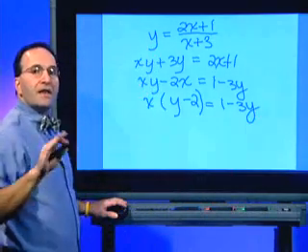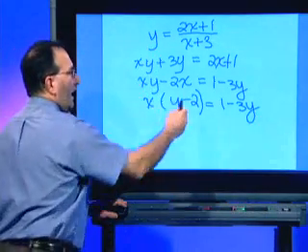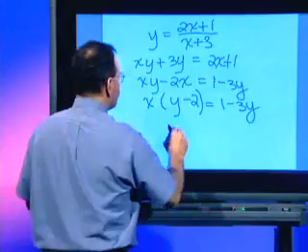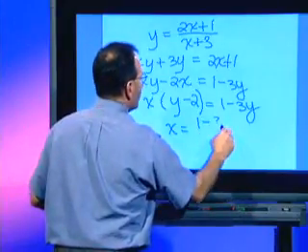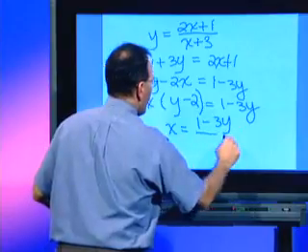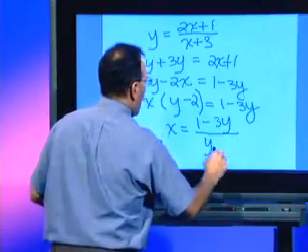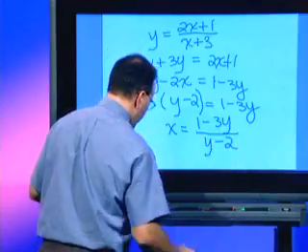And then the next step would be to divide by y - 2. So I'm going to get x = (1 - 3y)/(y - 2).